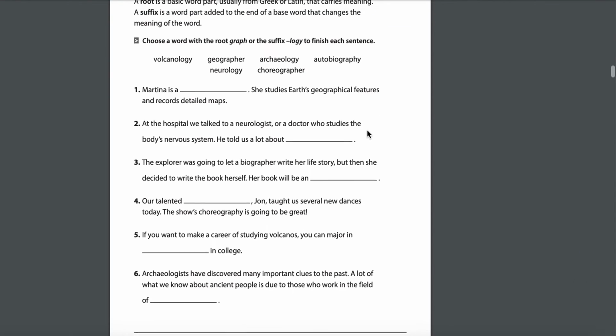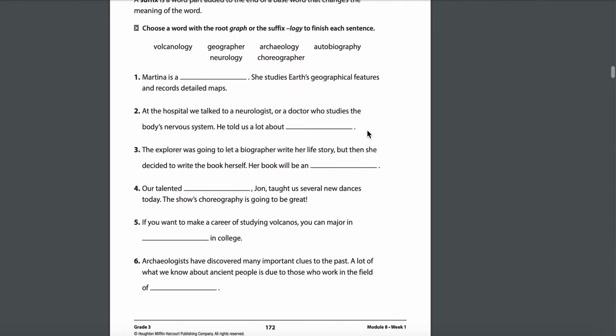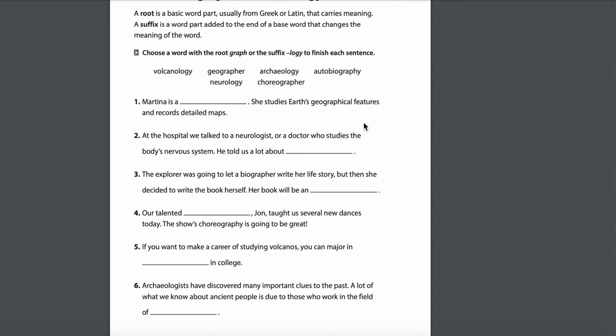In case you're stuck, I made a PowerPoint with some definitions that you can definitely pause on and use for a reference. But I want you to try at first to see if you can figure out what some of these words mean.